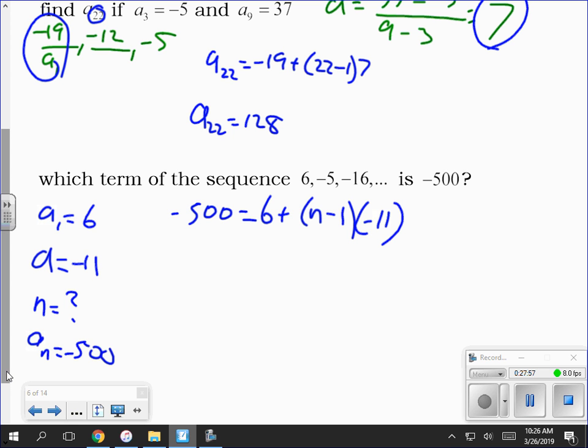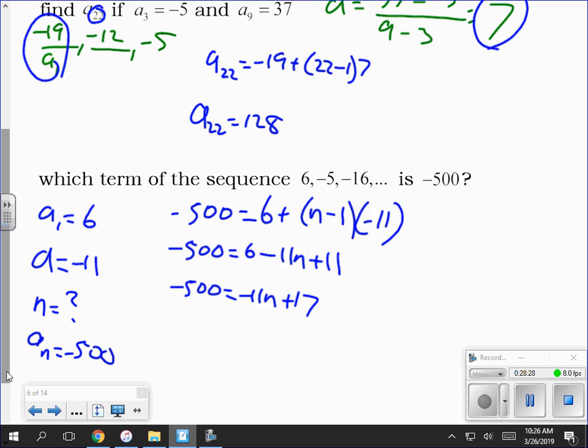And now it's algebra 1, solve for N. Distribute the -11 first. -500 equals 6 minus 11N plus 11. Right? -11 times N, -11 times -1. Combine like terms. -500 equals -11N plus 17.